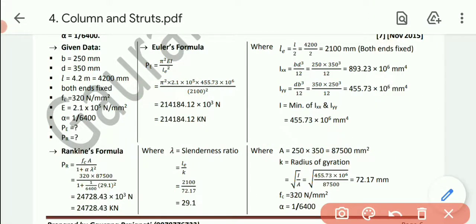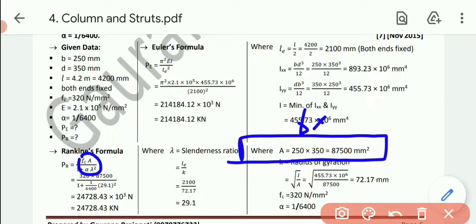First I calculate the unknown area for the rectangle section. Area means B cross D, and B and D are given as 250 cross 350, so the answer is 87,500 mm square.